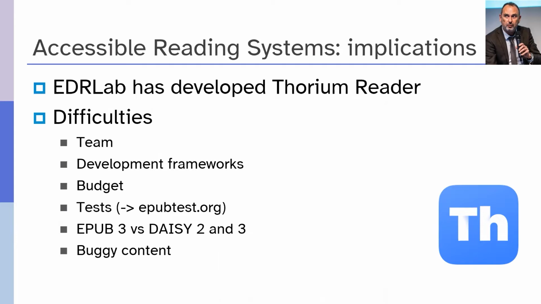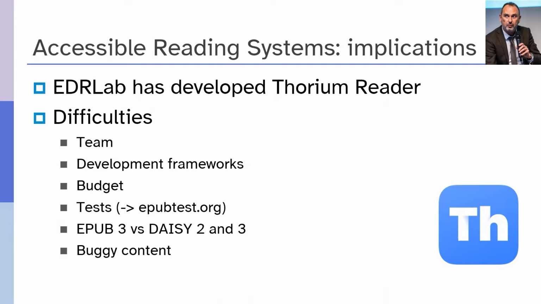Prashant will speak about the epubtest.org, which is a great site where we can put the results of accessibility tests and compare the applications and try to reach a higher score. So epubtest is key for us and for users also, for sure.